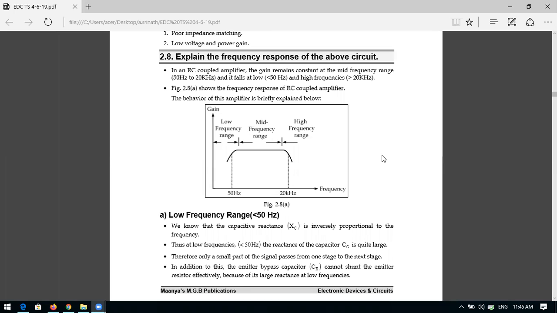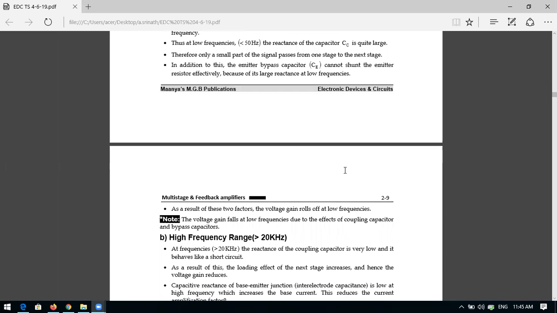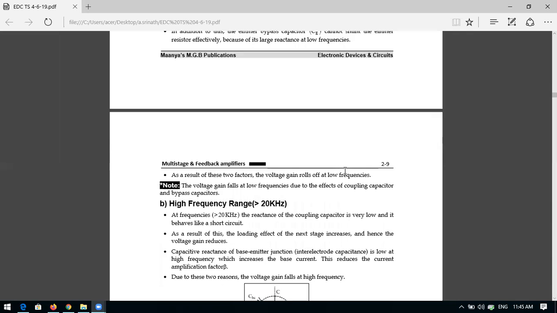These two capacitors, the bypass capacitor and the CC coupling capacitor, are responsible for the falling of gain in the low frequency range.